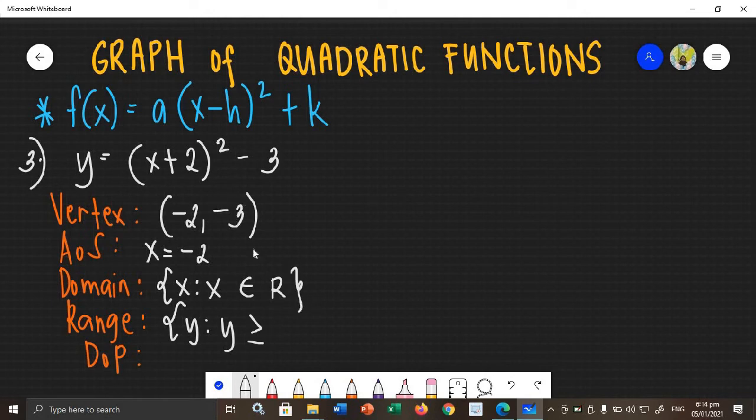Our k is negative 3, so y is greater than or equal to negative 3. And then, let me raise this.